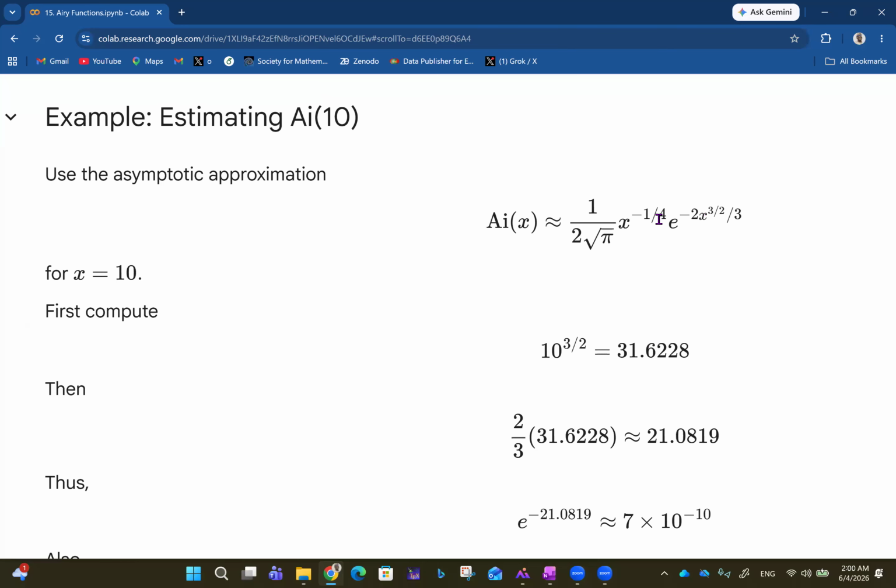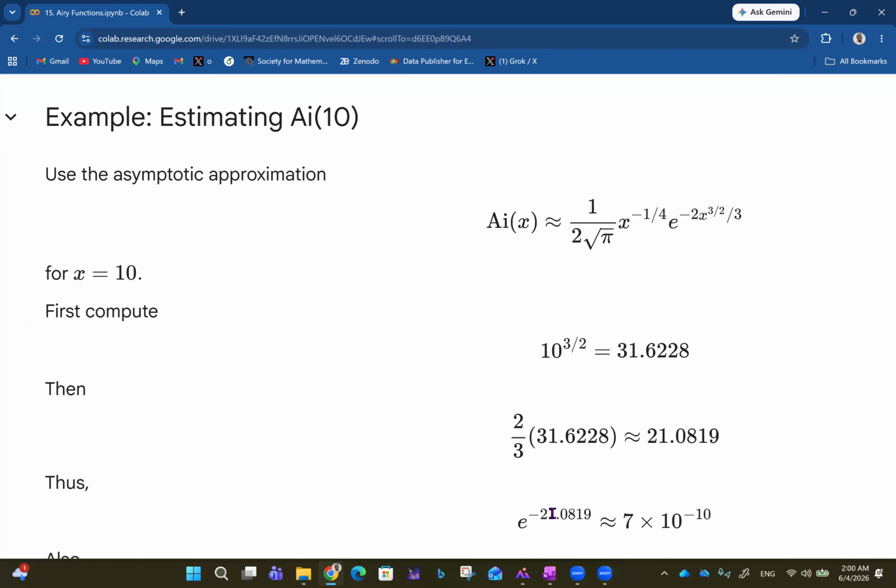Then you have 2 over 3 multiplied by 31.6288, that's approximately 21.0819. So with that, we take care of this part.